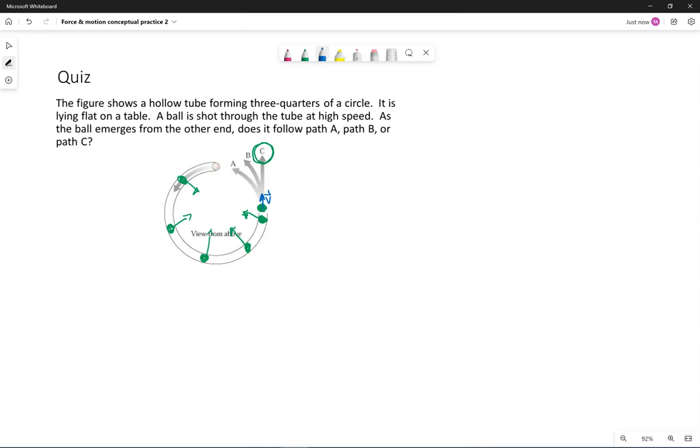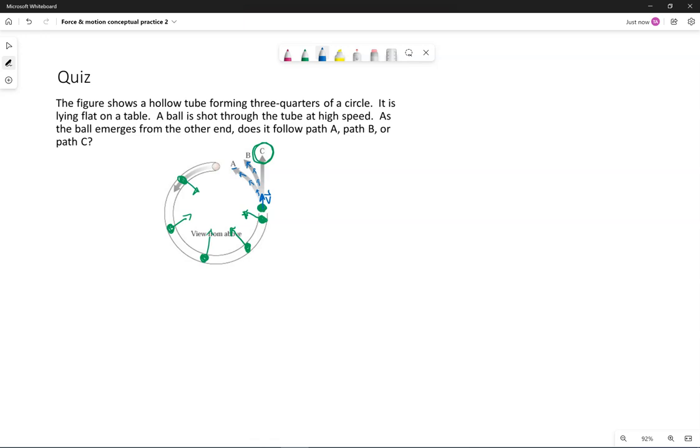There has to be a net force to make the velocity change. So options A and B both represent a change in velocity because the direction would be changing. There would have to be a force that was making that happen, which is not the case here. The tube's gone.